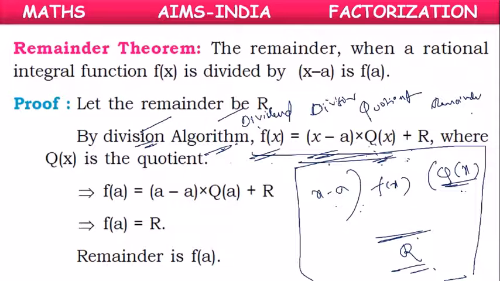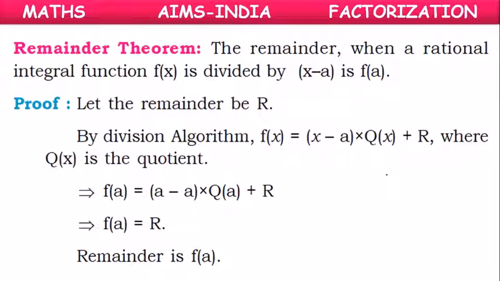This is the normal division rule, where this is the dividend, this is the divisor, this is the quotient, and r is the remainder.